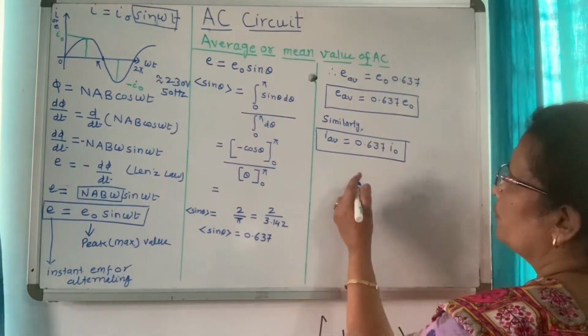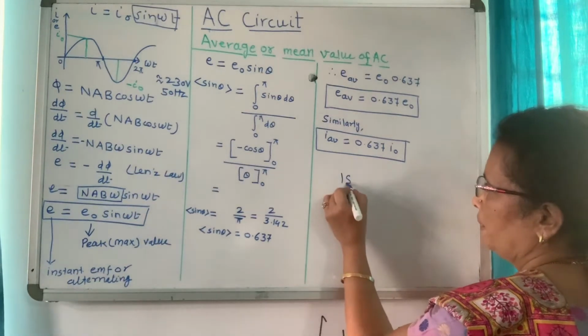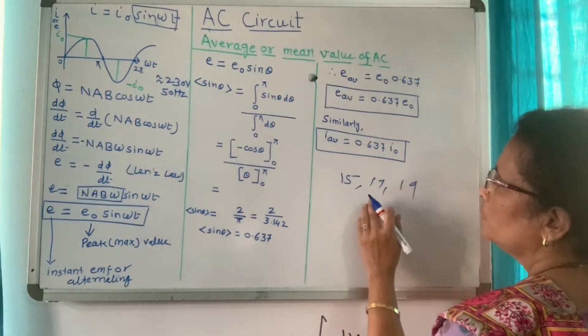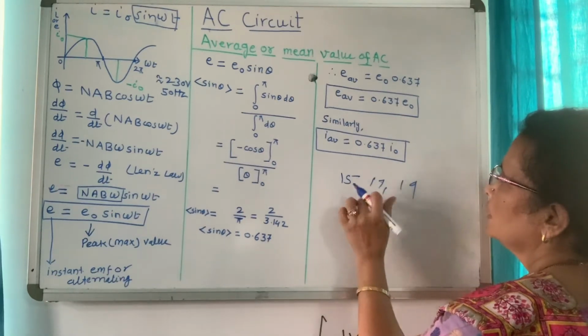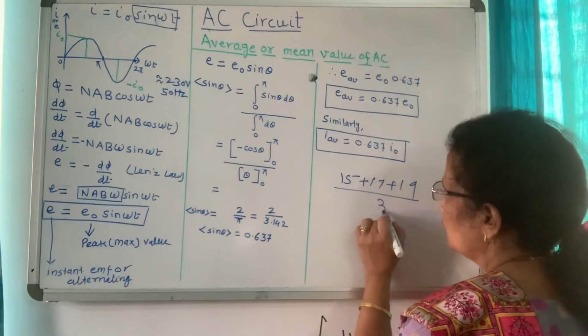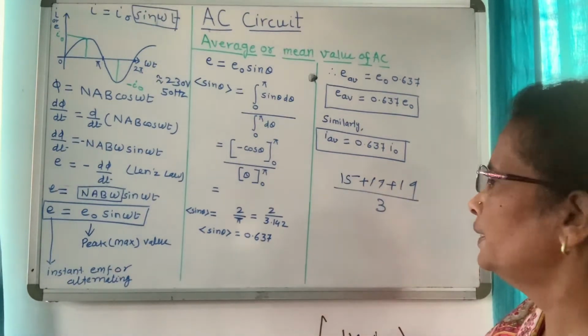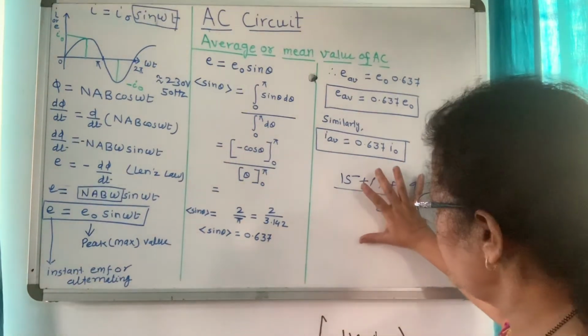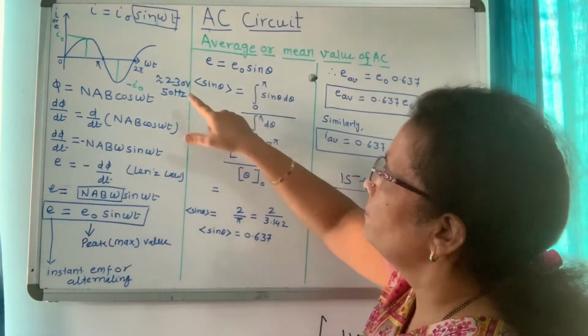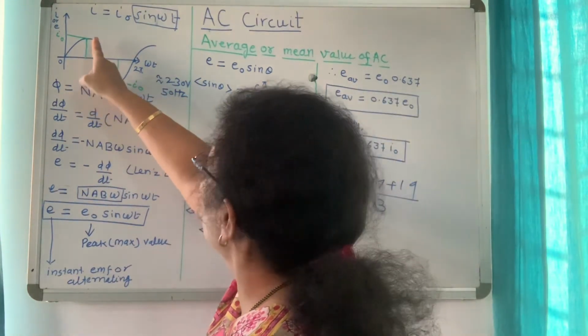How does this come? If you have to find the mean of these numbers, what will you do? You have to add these numbers and divide by how many numbers there are: 1, 2 and 3. The same mean we are taking here. This is the sine curve and we are taking the integration for half of the part.